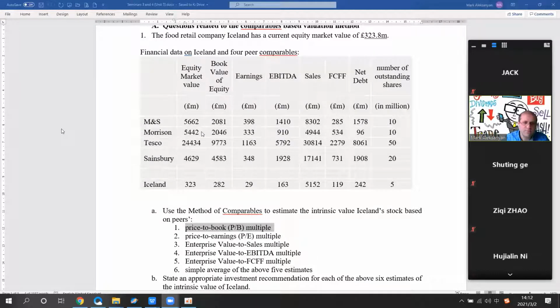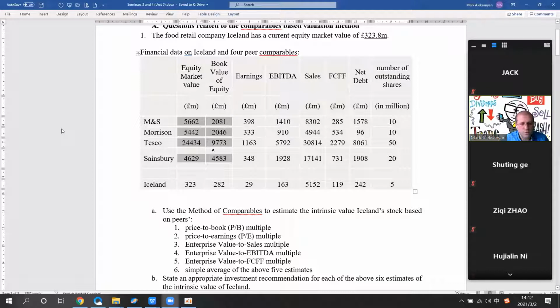Then you do the same for Morrison's. It is this figure divided by this figure. That would be the price to book for Morrison's, etc., etc. So you do this activity for all 4 companies, and you will get essentially 4 price to book multiples.